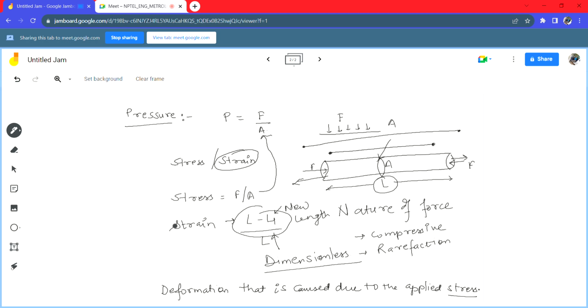So if we see this on a broader picture, what we have is a body on which we are applying the force, and this force is proportional to the pressure, or rather the pressure is proportional to the force. So we should say this force creates a pressure, that we can also term as the stress, and this stress in turn causes the strain.